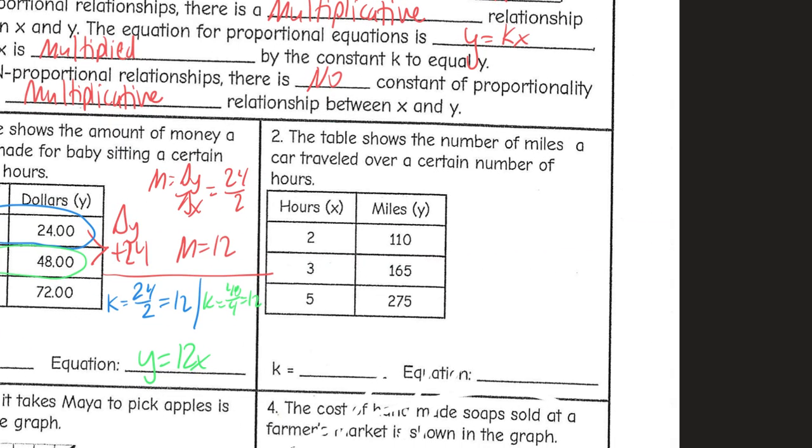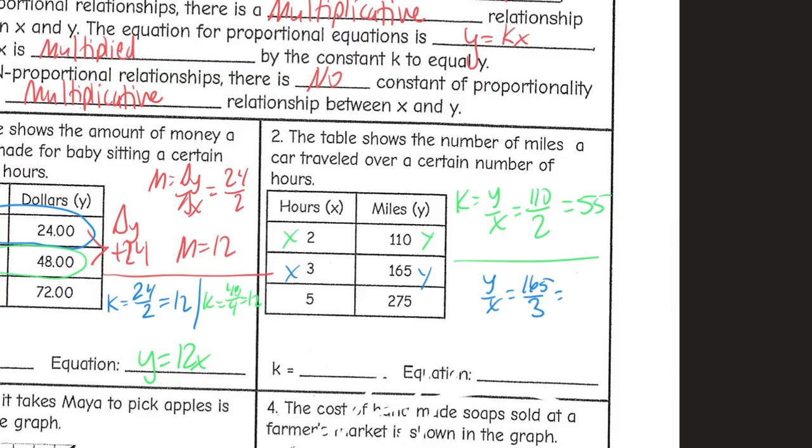All right, another example. Here we have another table. Again, k is just y over x. We've been told it is proportional, so we can just go y over x, 110 over 2, which is 55. If you want to check it, there's y, there's x. y over x would be 165 divided by 3.